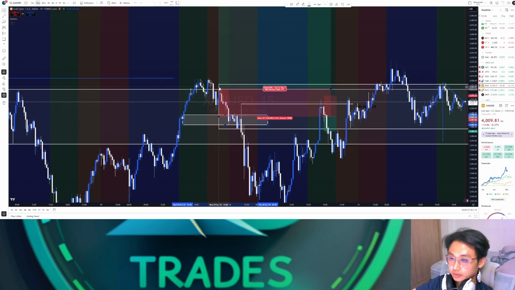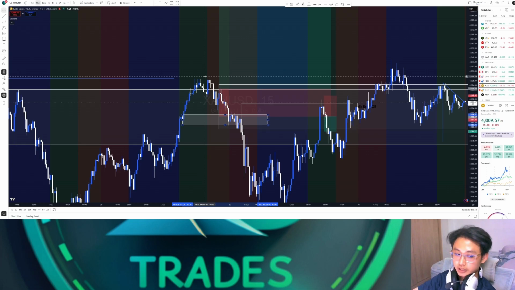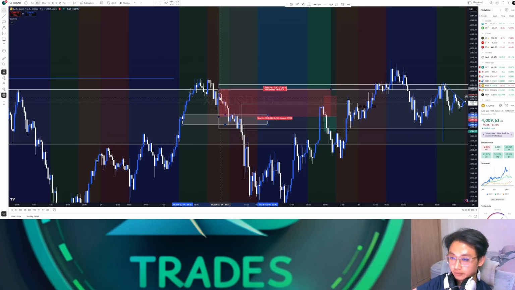Because for me, I just looked at this 15-minute bullish fair value gap, then I entered. So I should look for way more confirmations, more secondary confirmations. Simply looking for one confirmation, the 15-minute bullish fair value gap, isn't even enough. This is just a primary.